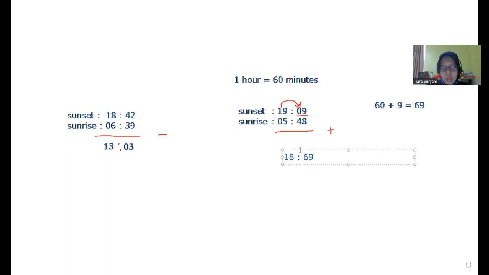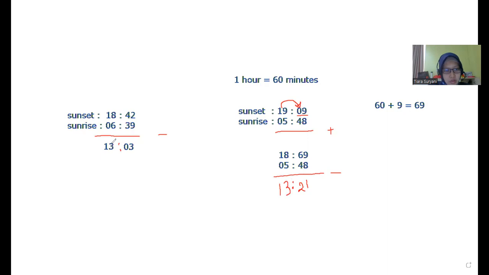So by using this calculation, we can subtract the sunrise time. 69 subtracted by 48 equals 21. So 9 subtracted by 8 equals 1, and 6 subtracted by 4 equals 2. And then 18 subtracted by 5 equals 13.